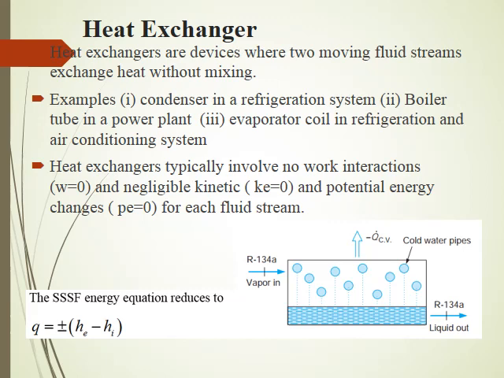Here cold water is flowing through the pipes, and this water flowing through the tubes is exchanging heat with the refrigerant vapors. So basically it is an example of a heat exchanger.